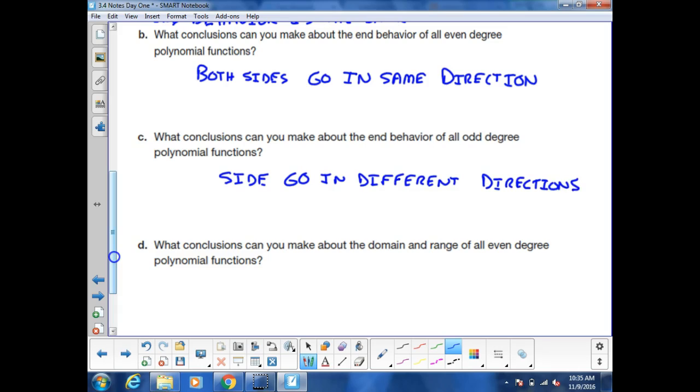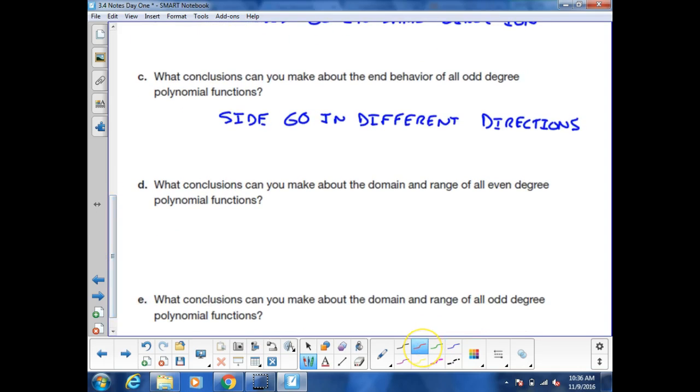Okay? What conclusions can you make about the domain and the range of even degree polynomial functions? Remember that domain is our inputs, which is usually our x's. Range is our outputs, which is what the function is doing, or our y values that we get, right? So, domain, x's.